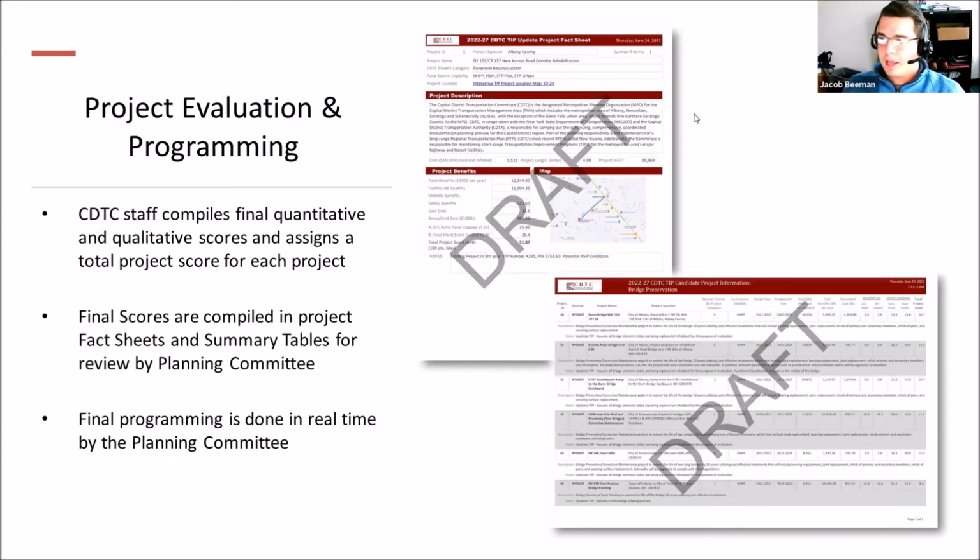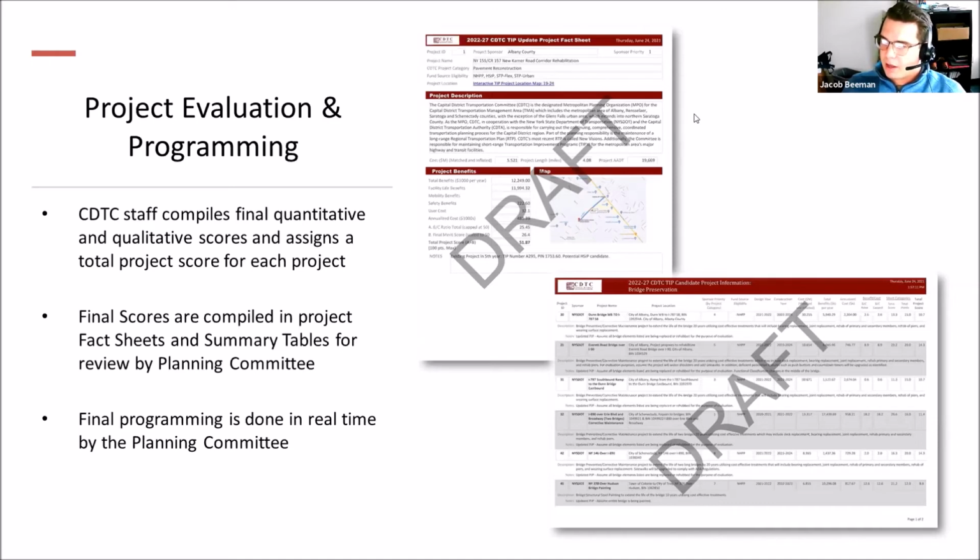That's the rank they give the project, internal to their own projects, if they've submitted multiple. We include a project map, as well as all of the benefits and costs, and merit evaluation breakdown as well. So that is the document that provides the most detail.